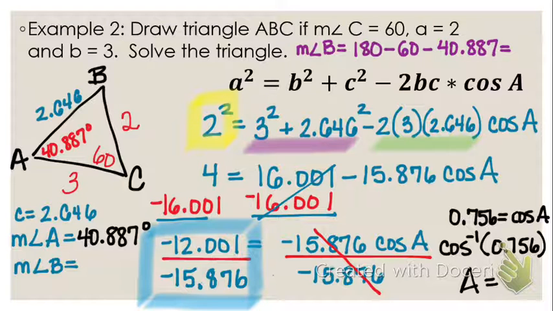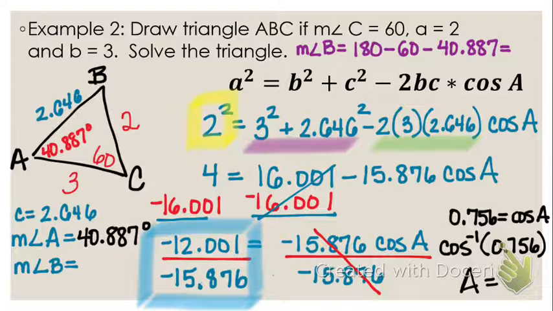And if you type that in your calculator, you should get that angle B is equal to 79.106. Nope, that's not right, because I rounded it differently.